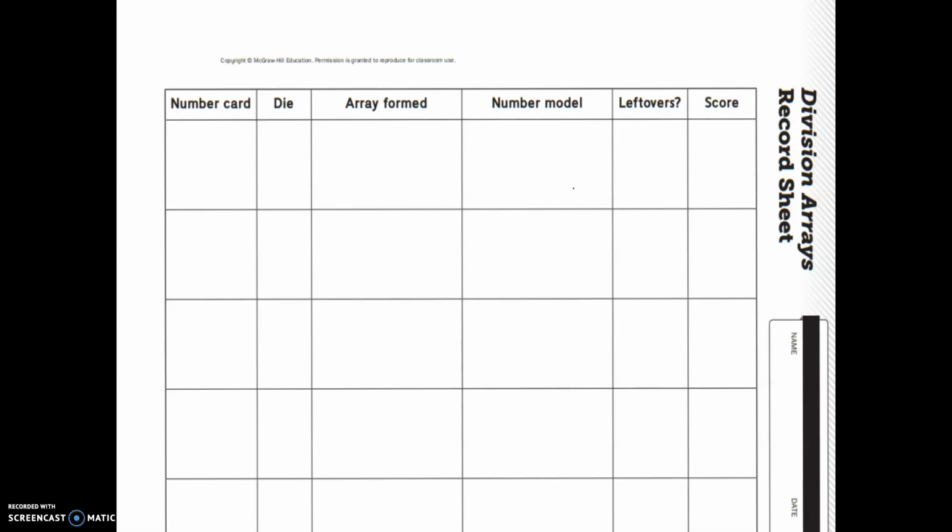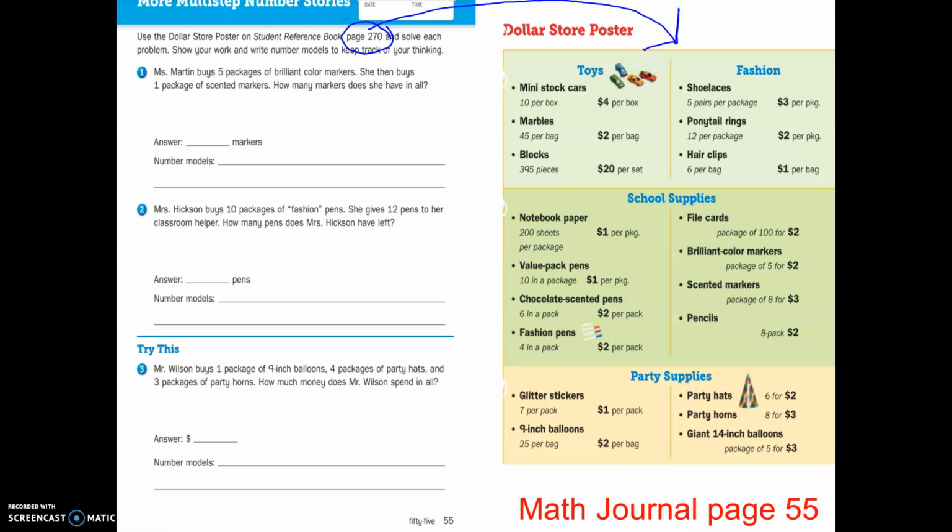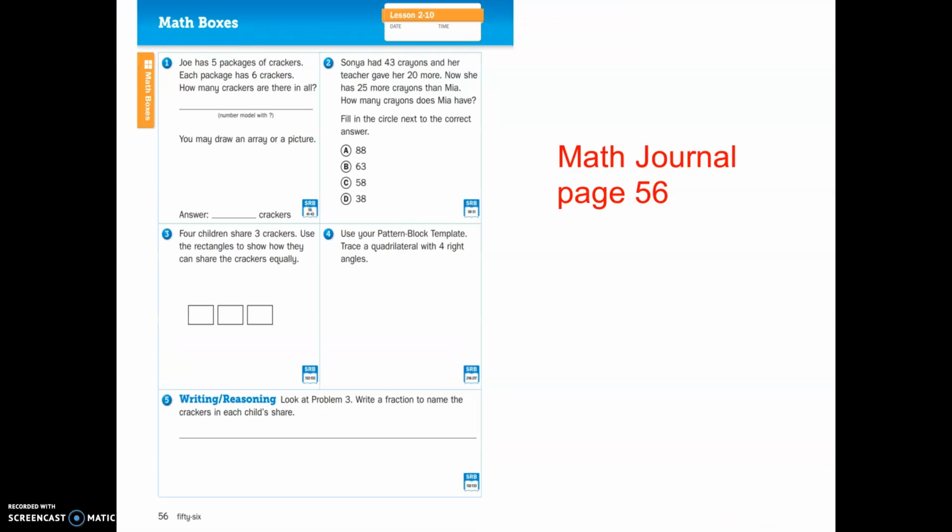After you play that a time or 2 with somebody at home, do this math journal page. It says to use page 270 from your everyday math book. It's right here. And a math journal page, page 56 for your math boxes. Good luck.